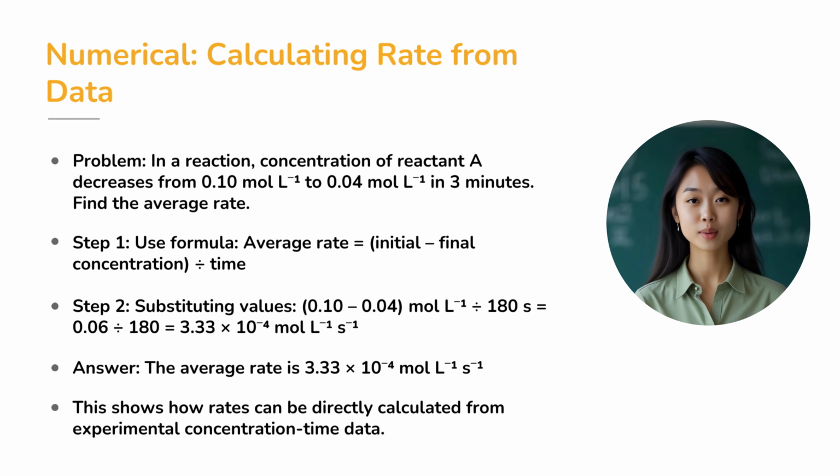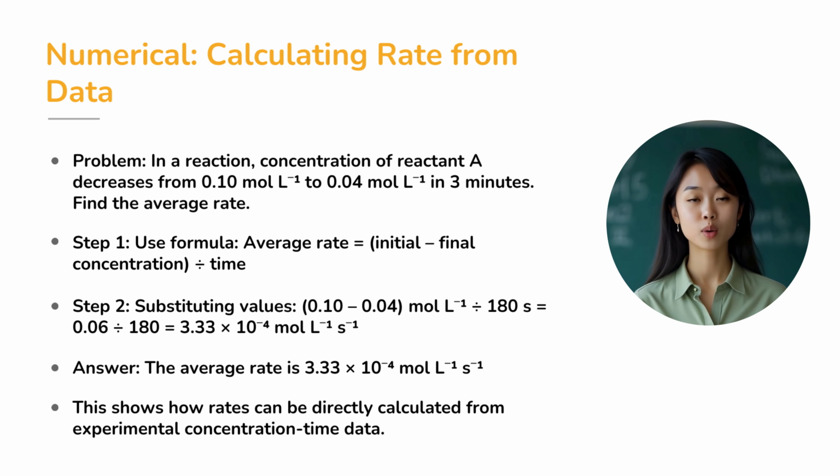Let's solve a numerical example to bring this all together. Suppose the concentration of a reactant drops from 0.10 mole per liter to 0.04 mole per liter in 3 minutes. What's the average rate of the reaction? Step 1. Apply the formula: average rate equals initial minus final concentration divided by time.